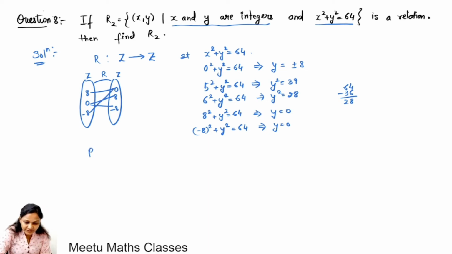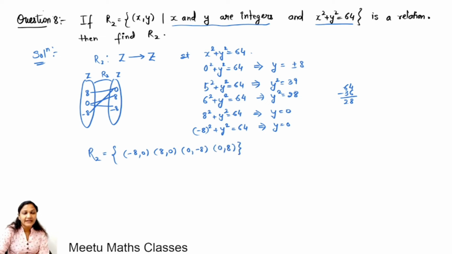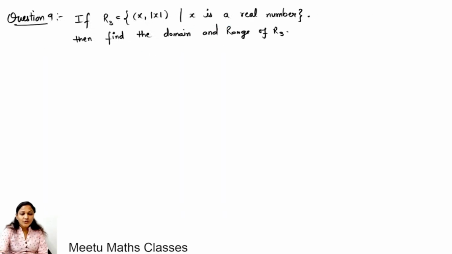So your relation R2 is: minus 8 is related to 0, 8 is related to 0, 0 is related to minus 8, and 0 is related to 8.